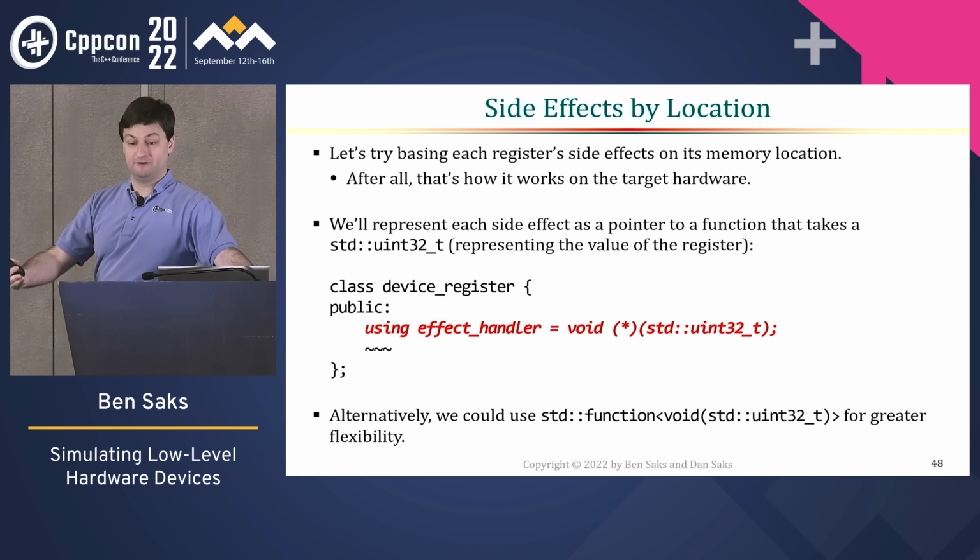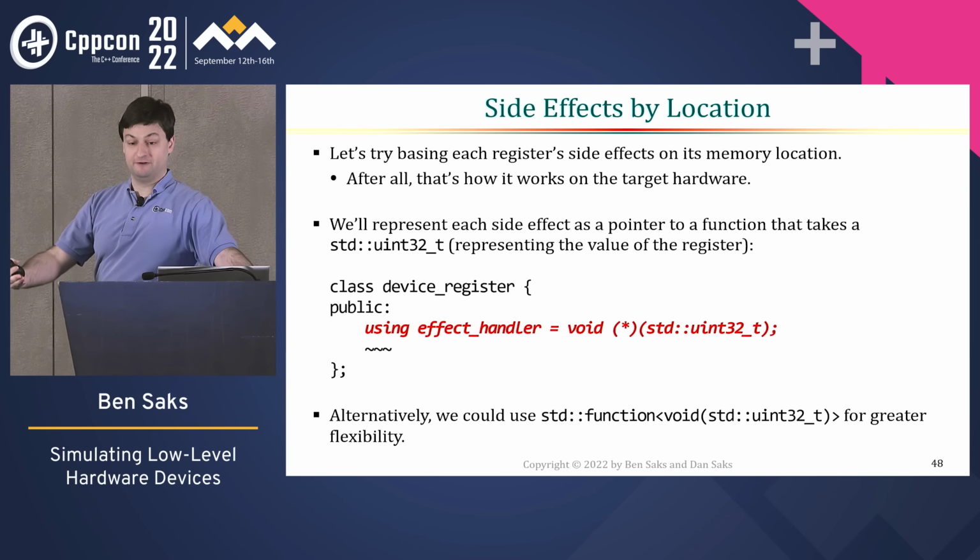And then for each device register, we're going to have two effect handlers. So there's an object type, effect handlers, that contains an on-read handler and an on-write handler. And we want to be able to associate these with our device registers.